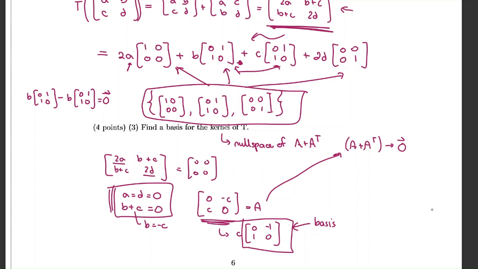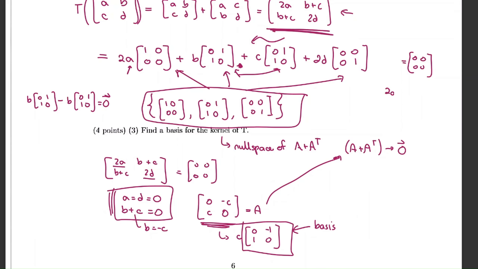And another way of thinking about this is looking at this equation here. If we have this equation, we know this is going to describe our transformation. If we want to set this equal to 0, 0, 0, 0, you can write this as a system of equations. So this would be 2a plus 0 plus 0 plus 0 equals 0.